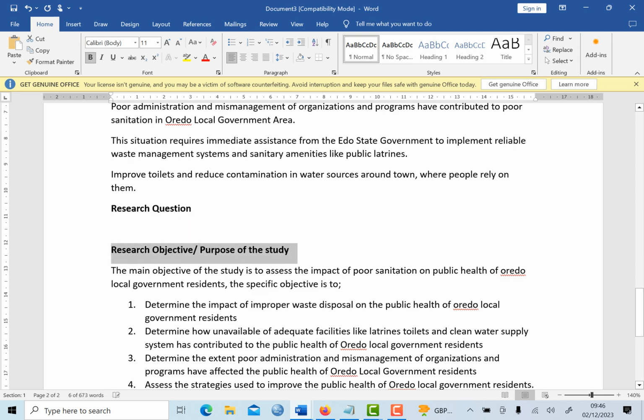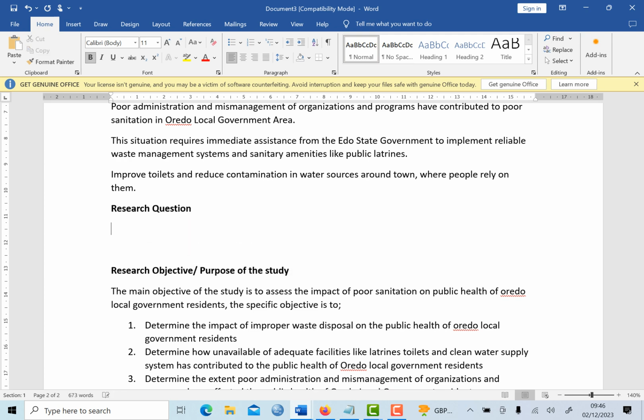So research question. You say, based on the purpose of the study, the following research questions are raised to guide this study.